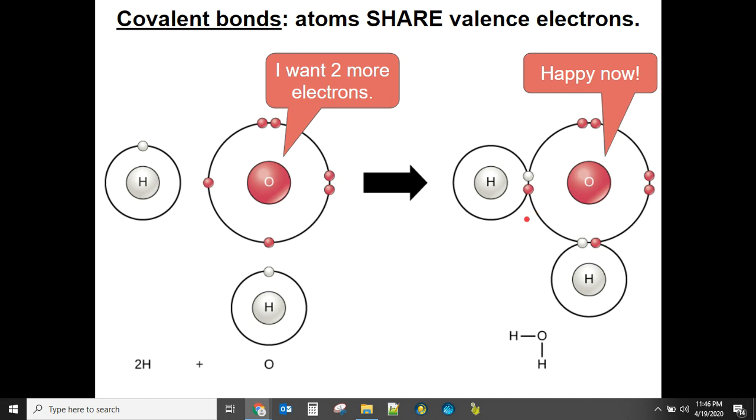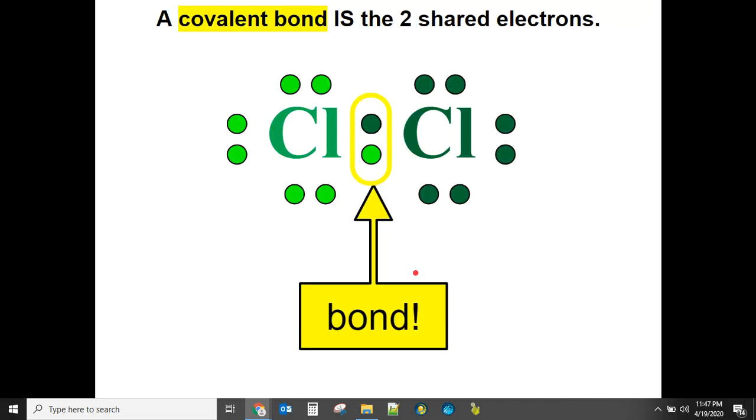It's that inner shell that can only hold two. And then the oxygen has 8 where it's sharing, and this other hydrogen has 2 also. So everybody's happy from sharing. A covalent bond is those 2 shared electrons. That's what makes up the bond. It's not a separate thing that it gets because of the 2 electrons. The electrons are the bond. Okay?